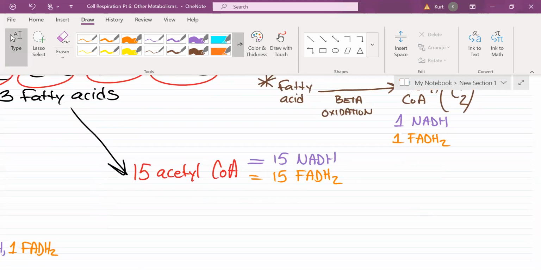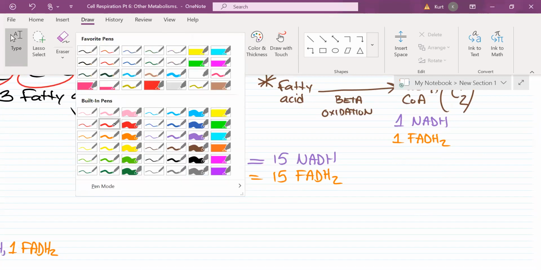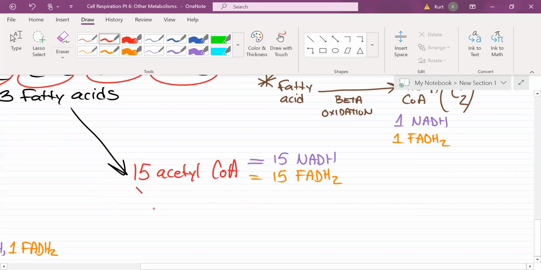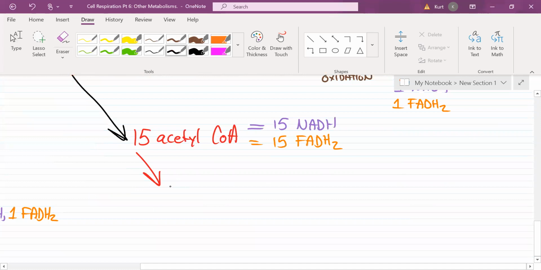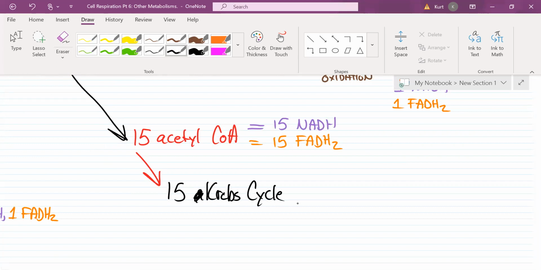What step of cell respiration does acetyl coenzyme A enter? Krebs cycle is correct. How many times will you have to go through the Krebs cycle? 15 times. Now, think about this.